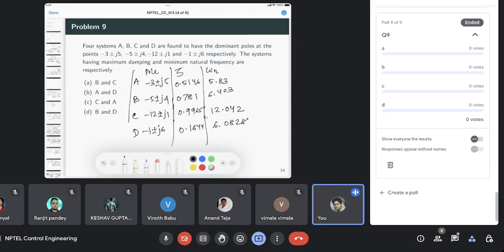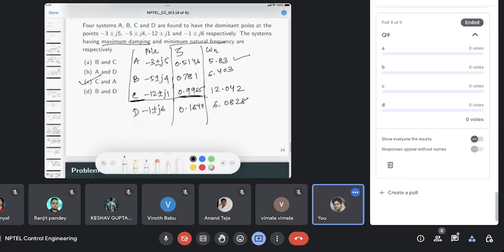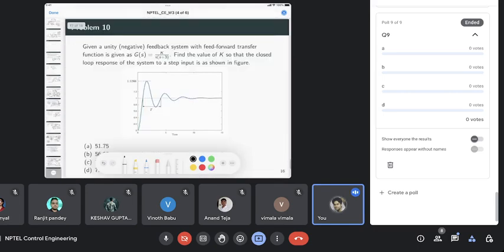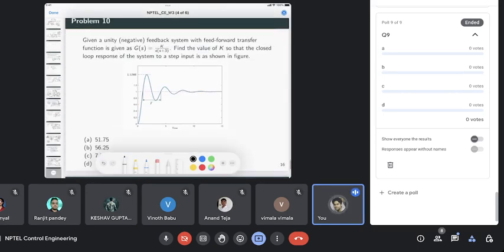So the maximum damping is for C, and the minimum natural frequency is for A. So the answer is C and A. Okay, so then we move to the next question.